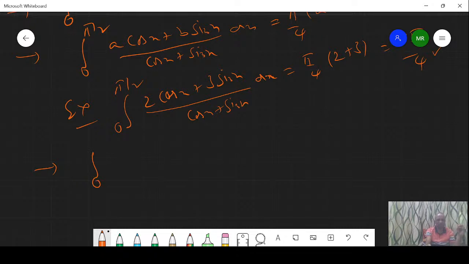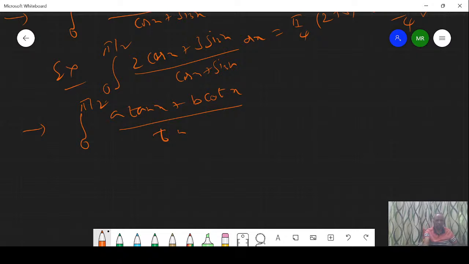I can write the integral from 0 to pi by 2 of a tan x plus b cot x by tan x plus cot x dx, which is also equal to pi by 4 into a plus b.